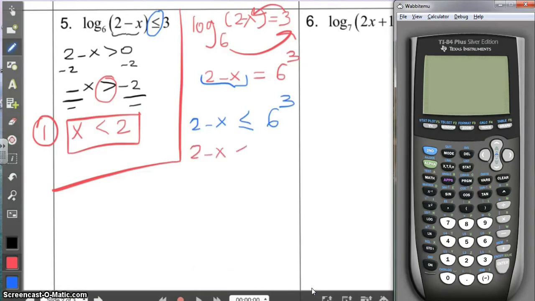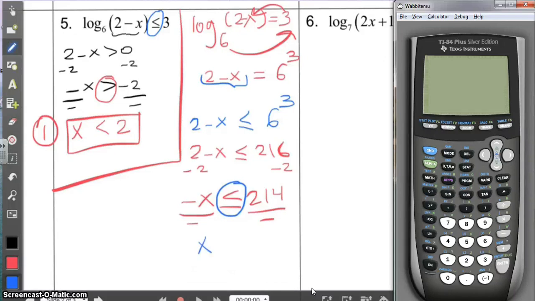So 2 minus x would be 216. Minus 2, minus 2, so negative x is going to be smaller or equal to 214. Now remember, you have to isolate x or only find x. Since you are dividing by a negative, x has to be greater or equal to 214, so that's going to be your second answer.